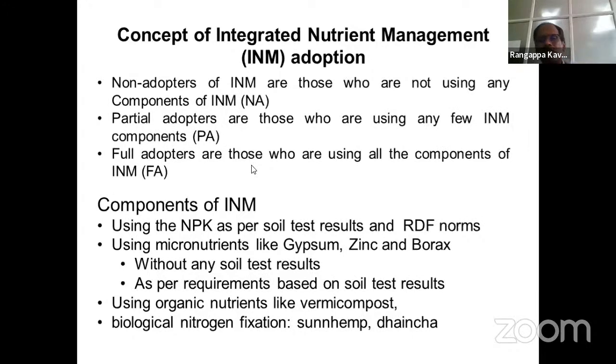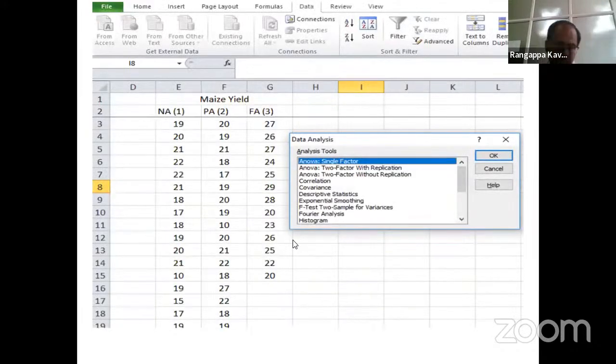Partial adopters are those who are using any one or a few INM components. And fully adopters are those who are using all the components of this INM. I have explicitly mentioned what the components of INM are, but it is not very important here. So, based on this data, this is the master table which is being used here.